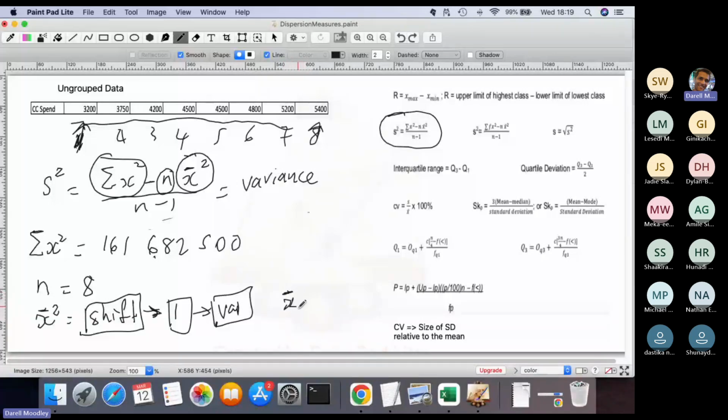Once you get x bar, now remember we want x bar raised to the power 2. After you select it, you just press the x squared button on your calculator. If you press this and press equals, it'll automatically square the x bar.